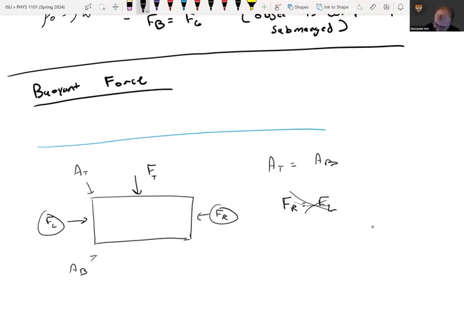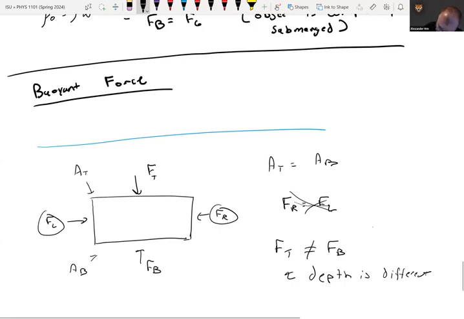But the interesting thing is that you also have a force on the bottom, and the force on the top does not equal the force on the bottom. The reason is that the depth, or the height, is different. Here we have the height of the top, and this is the height of the bottom.